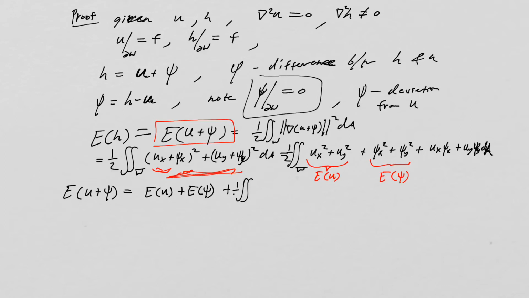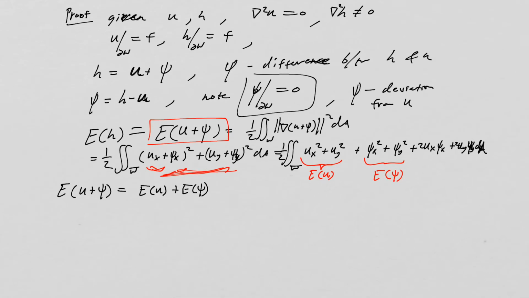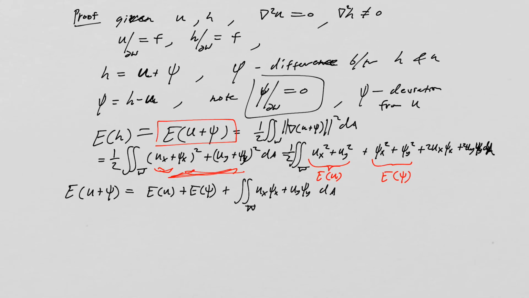We have a 1/2 here. Oh, you know what? I forgot. There needs to be a 2 on those cross terms because when you do the cross multiplication, you're always going to accumulate a 2. So we'll take off that 1/2 and write plus the double integral over W of ux psi x plus uy psi y dA.